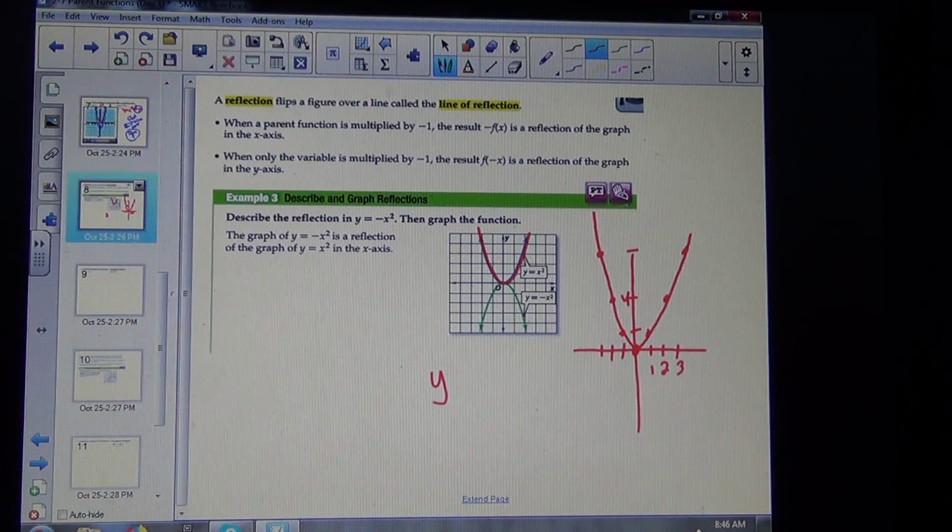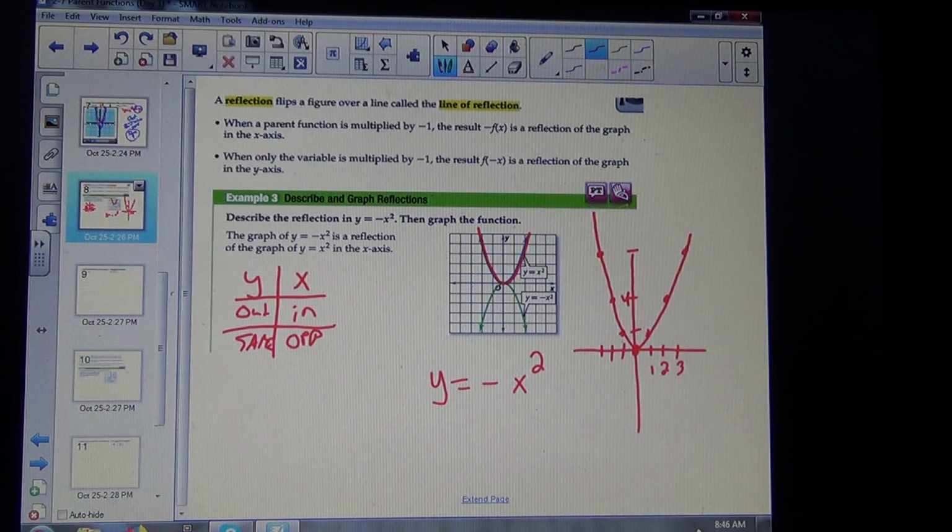Okay, now it says y equals negative x squared. So we're using that same chart that we wrote at the beginning of the day. Another thing I've done before in the past is I can do y, x, outside, inside, same, opposite. So is this negative on the inside or the outside? This would be on the outside.